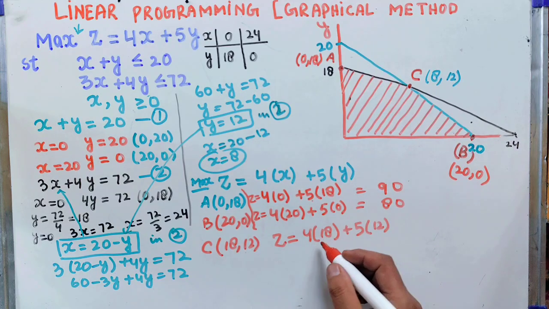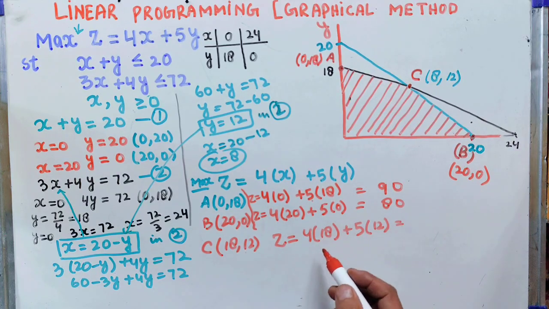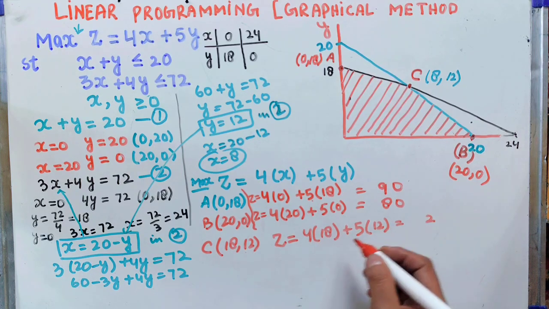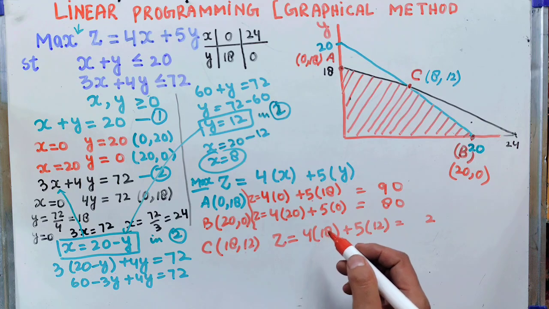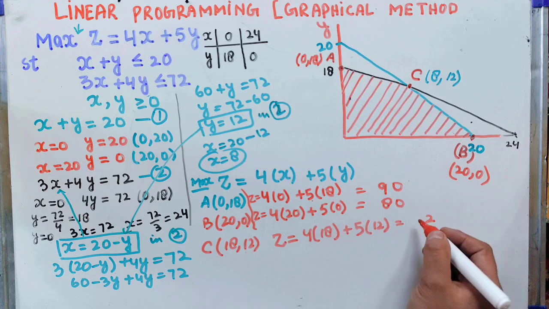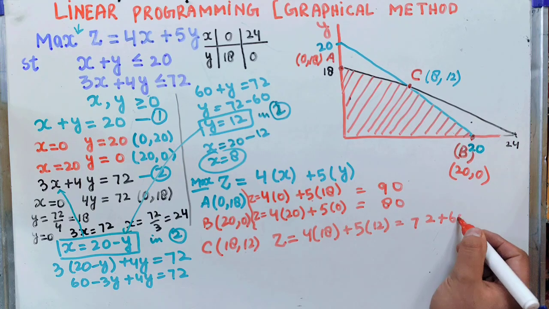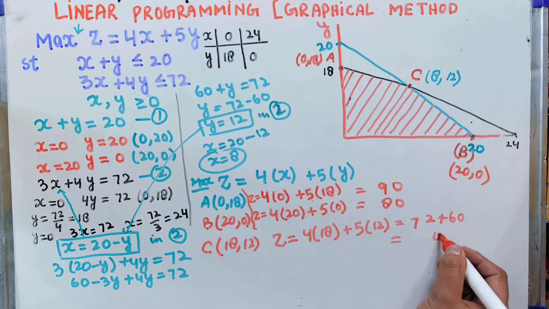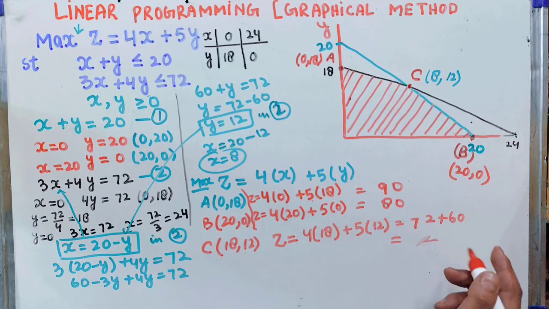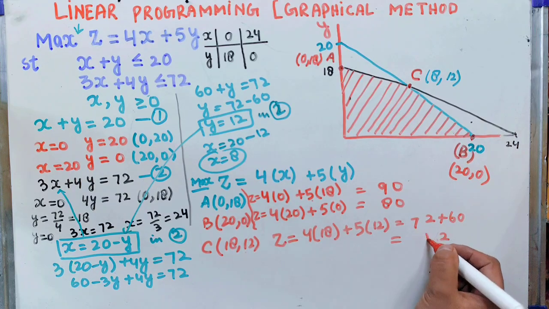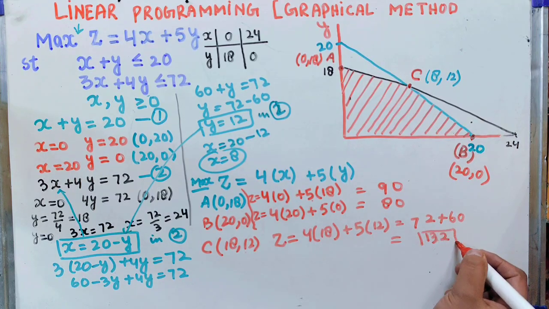So it becomes 4 eights are 32, 4 ones are 4, so 72, plus 5 twelves are 60, so we get 132.